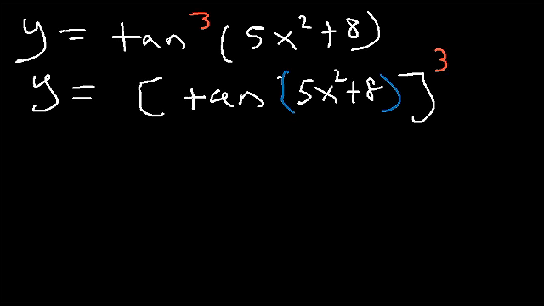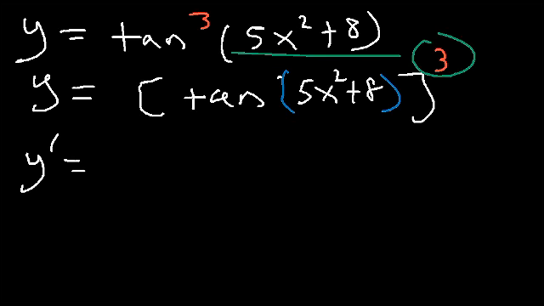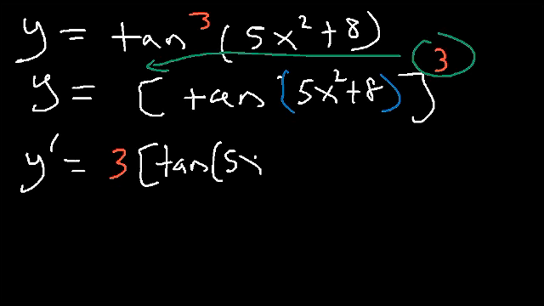To find y prime, or dy/dx, we need to move the 3 to the front. So we have to work with the exponent first. So it's 3. The inside part is going to be the same, that's tangent 5x squared plus 8. And then subtract the exponent by 1. So 3 minus 1 is 2.